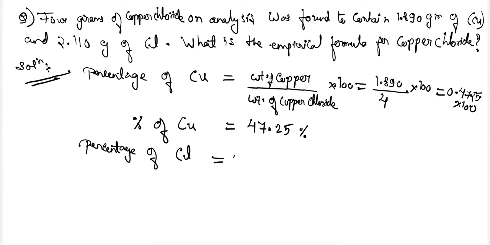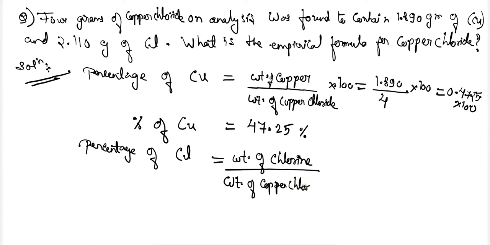Similarly, percentage of chlorine is the weight of chlorine divided by the weight of copper chloride into 100%. Here the weight of chlorine is 2.110 divided by 4, into 100.